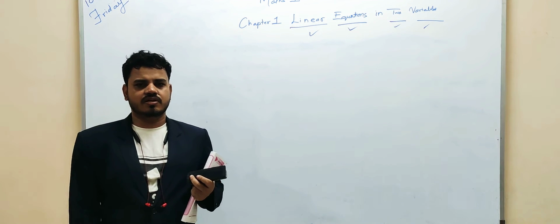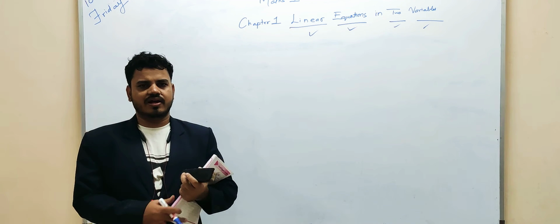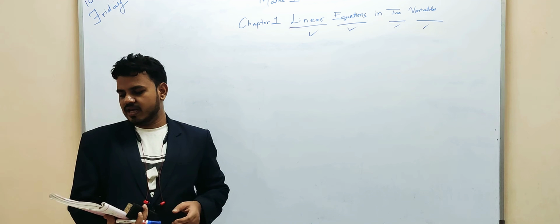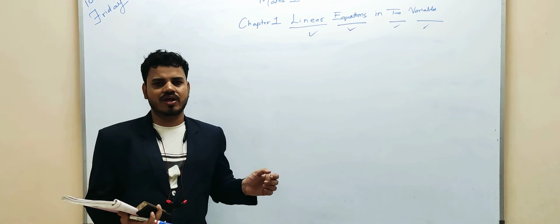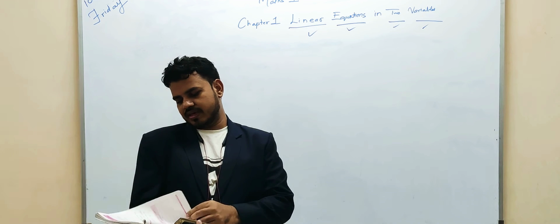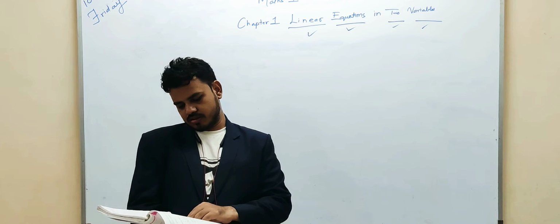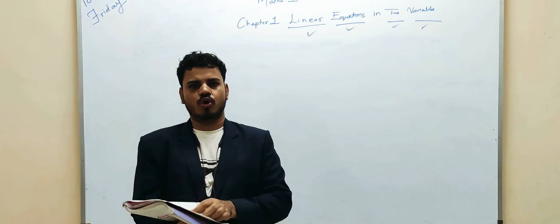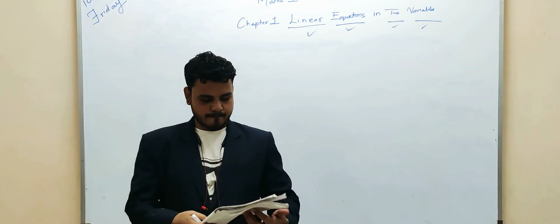Welcome back, dear viewers. So we were discussing chapter number 1, linear equations in two variables. Up till now we have seen the introduction, and now we will start with exercise 1.1, that is practice set 1.1. So let us begin.